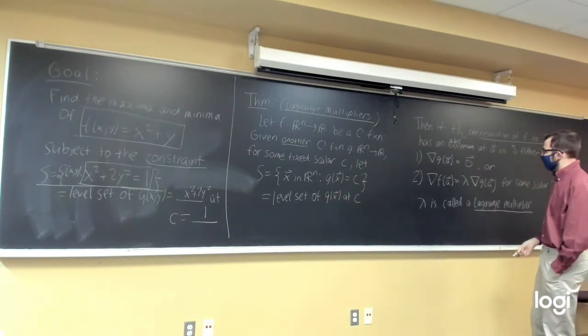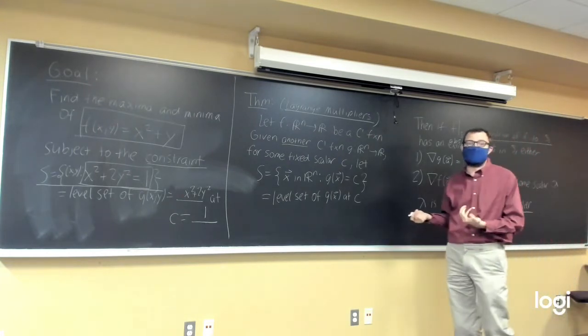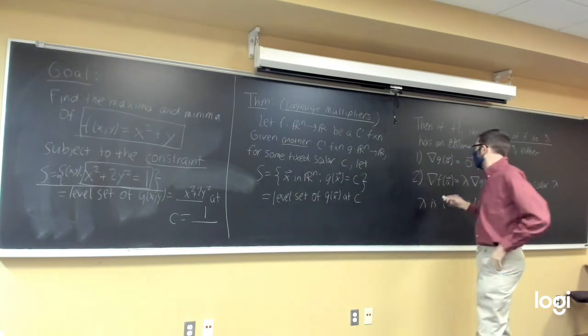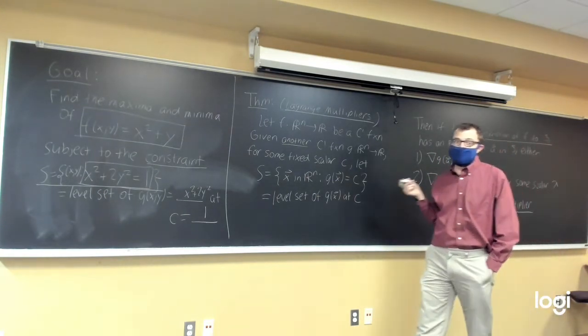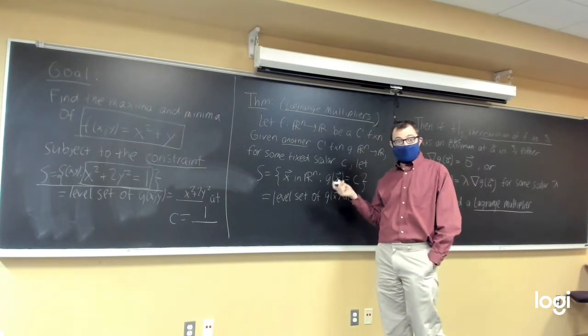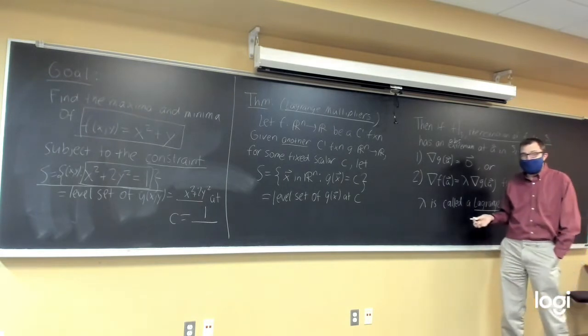If these are the only inputs that we care about, then on that set of points S, F has to have an absolute maxima and minima, assuming the set S is compact. And we can say something about the points where F has to have an absolute max or min on the set S. Namely, one of two things has to happen.